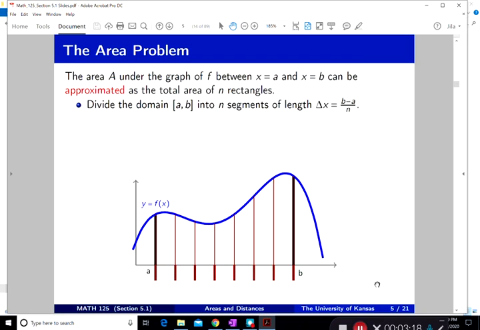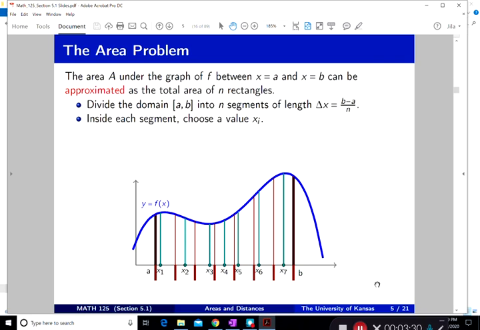And so here is the division, and then we choose sample points in each interval. Using those sample points, we find a height, and the height is how we plug the sample point into the function to find the height.